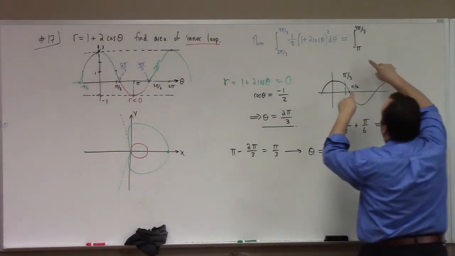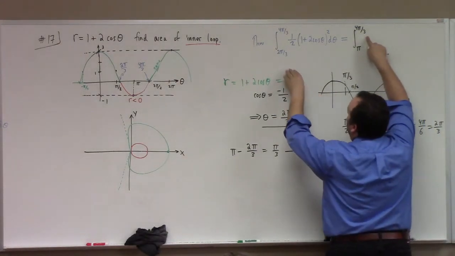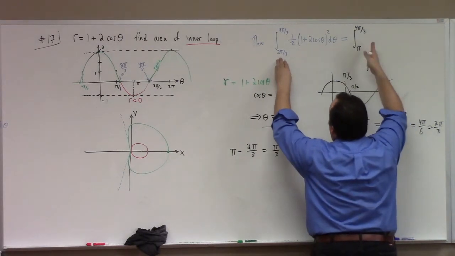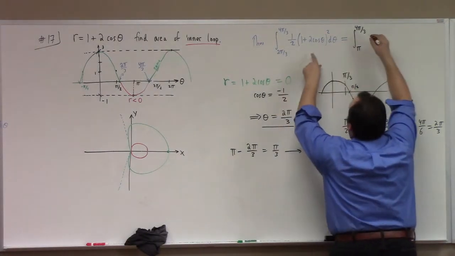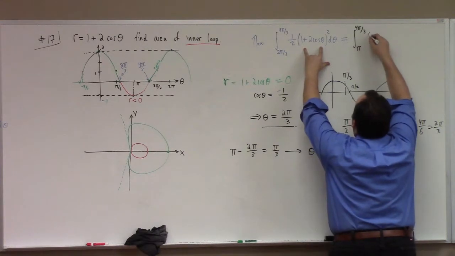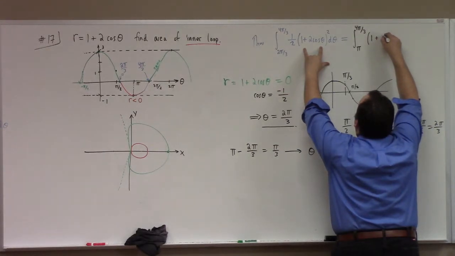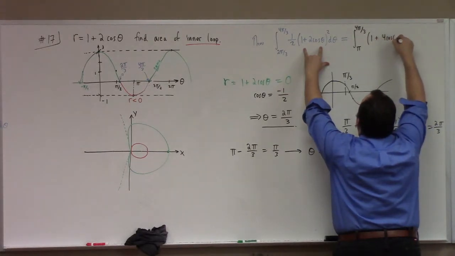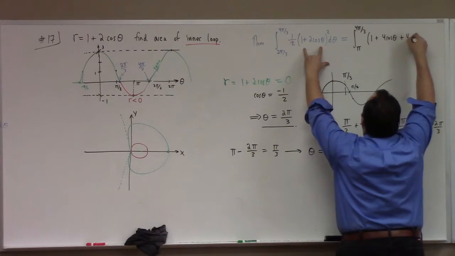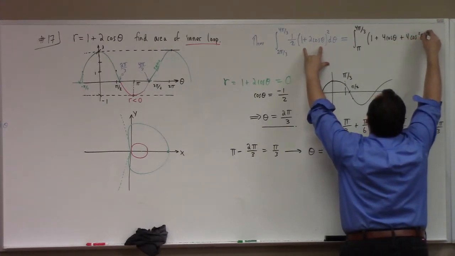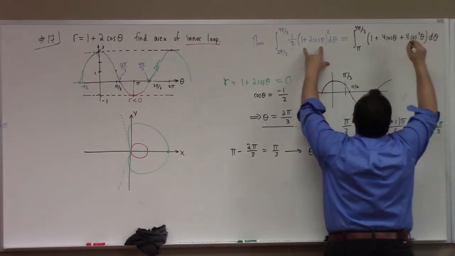We can just use this half and double it because of the symmetry of the graph, right? So if I change this to pi to 4 pi over 3, if I cut the integration region in half in the middle, I can get rid of this half, and then I just got that squared, which is 1 plus 4 cosine theta plus 4 cosine squared theta d theta.